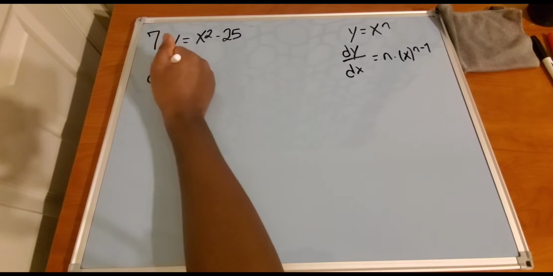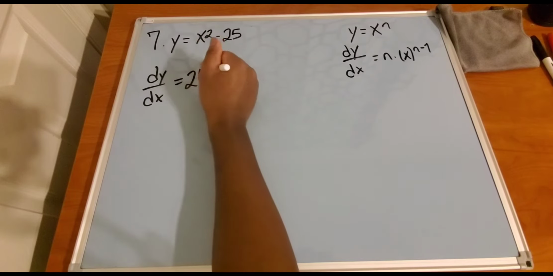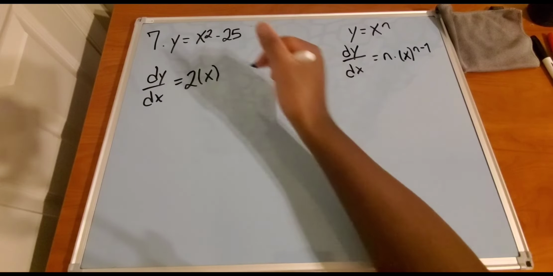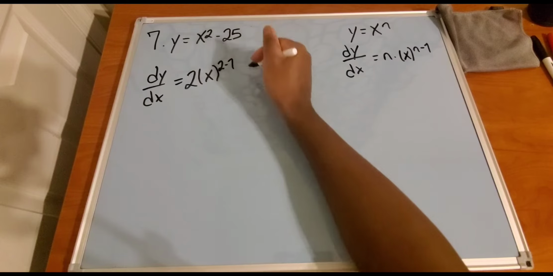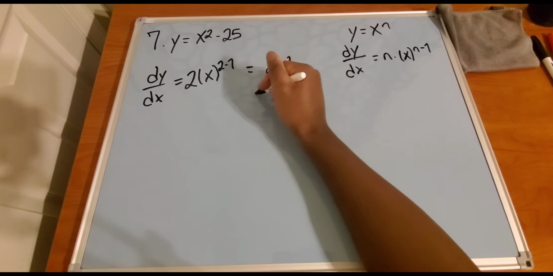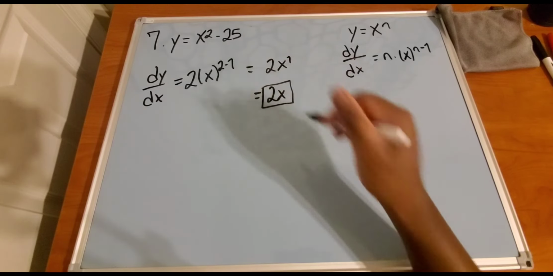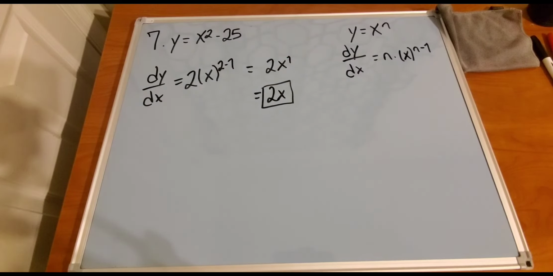So the derivative of y with respect to x will just be equal to 2 times x raised to the 2 minus 1 power, which will be equal to 2x. So the first power, which is equal to 2x. That's the answer for question number 7.